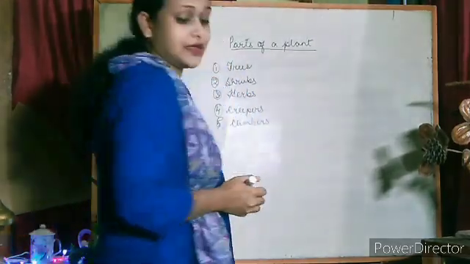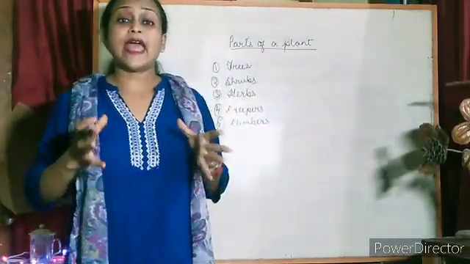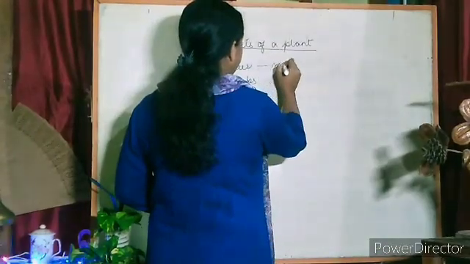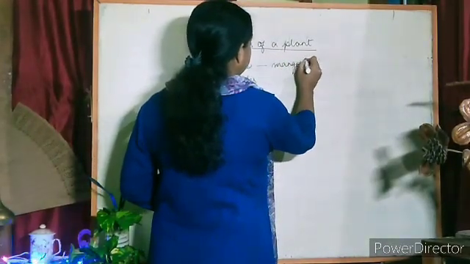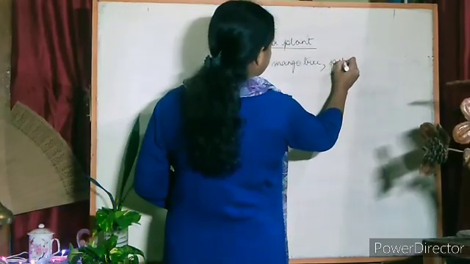So what are trees? Trees are very tall plants with a broad and strong trunk. For example, mango tree, then jackfruit tree.